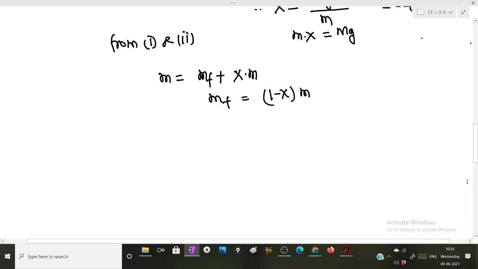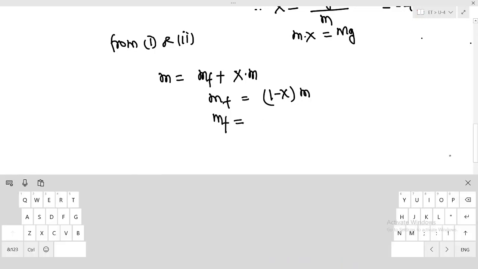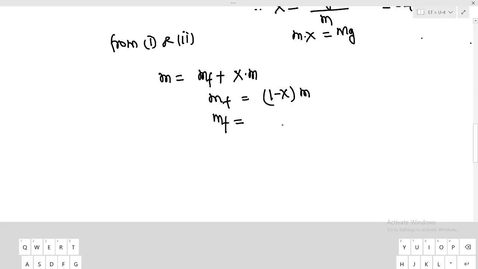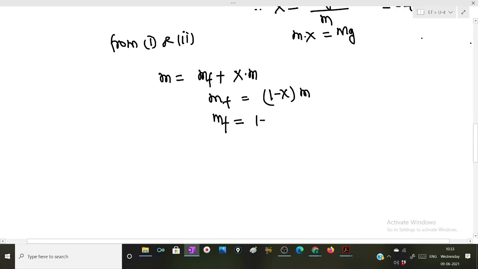So now I can easily calculate the value of mf. One minus the dryness fraction value, 0.532, times the mass of the mixture, which is 3.